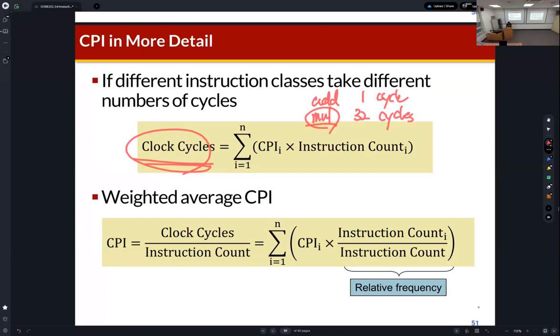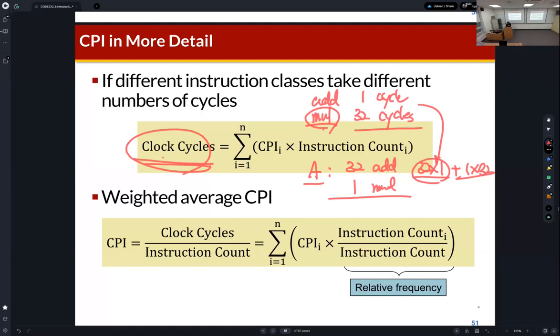So for example, this is program A. A includes 32 add instructions and 1 multiply instruction. Then how can we calculate the total clock cycles? Obviously, it's 32 multiplied by 1 cycle, plus 1 multiplied by 32.